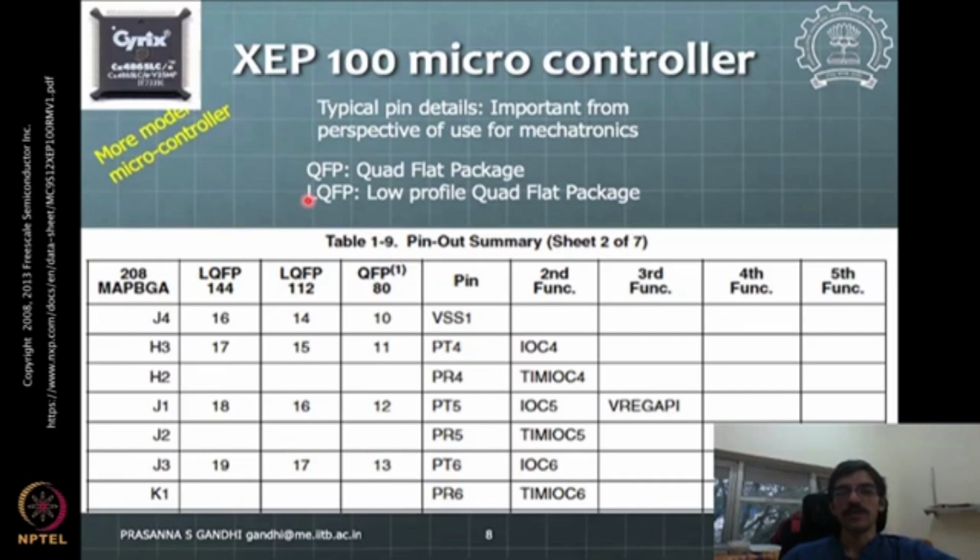You don't start reading the datasheet as if you are reading a book. The way to read a datasheet is to ask what your intention is, what you want to do. If my intention is just to program some digital inputs or outputs, then from that perspective I'll look at only that interface, the digital input output interface of this microcontroller.